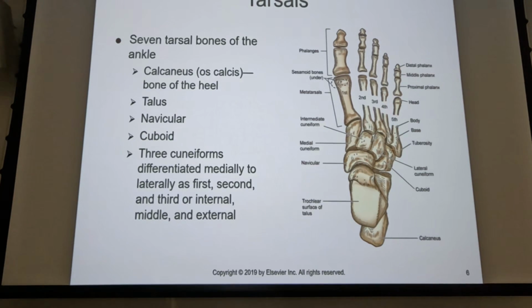So your tarsal bones, they've made them a little bit easier to remember in a way, and that's a good thing. But the bad thing is they don't really stress this.